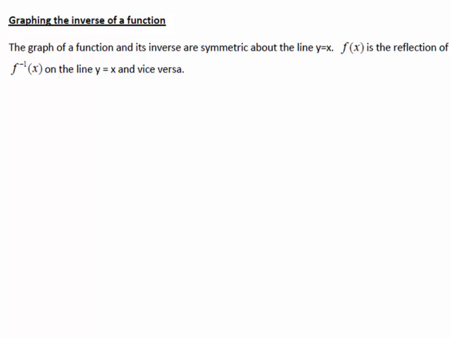If we're graphing the inverse, the graph of the inverse is actually quite simple to take because we're going to use our symmetry, and we've used symmetry before. They are symmetric about the line y equals x. If it's symmetric, it's just a reflection across that line, y equals x.